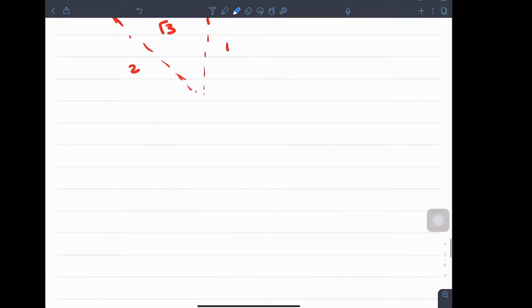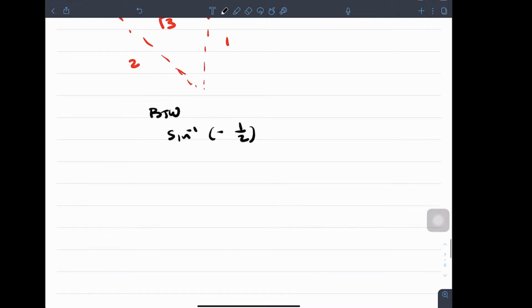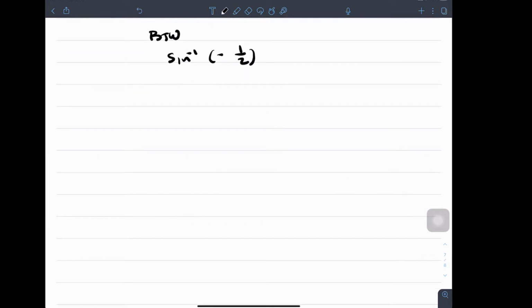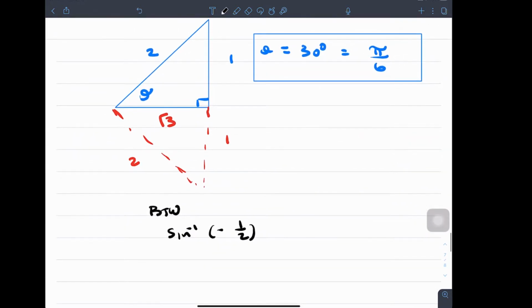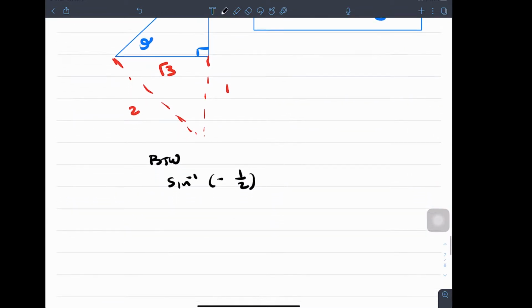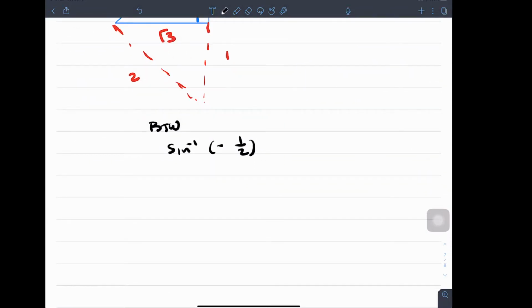And then you say, by the way, what if they wanted you to evaluate inverse sine of negative 1/2? Just to share that one with you guys. What's the process? You guys remember? You let theta be inverse sine of negative 1/2.